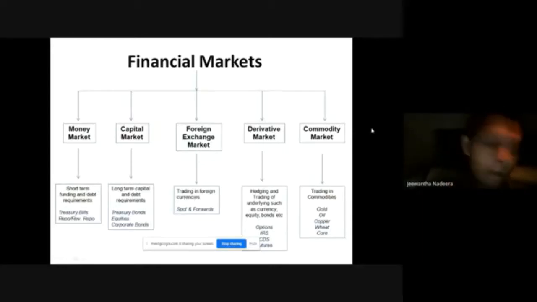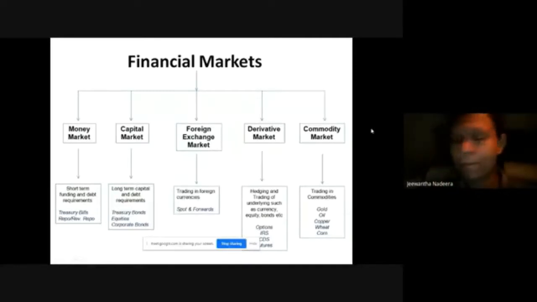Before I start the lecture today, I just want to give you some insights about the incident which happened last Friday, day before yesterday. You know that S&P, one of the rating agencies, downgraded Sri Lanka.